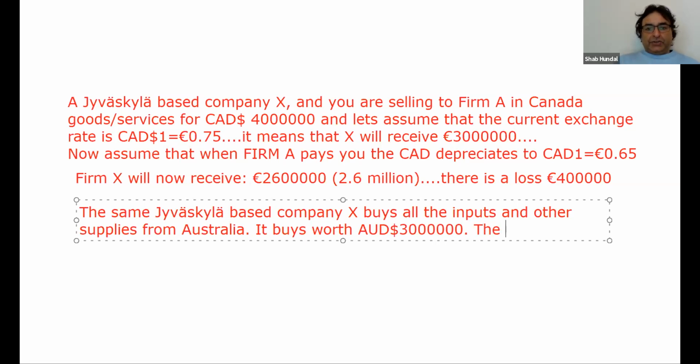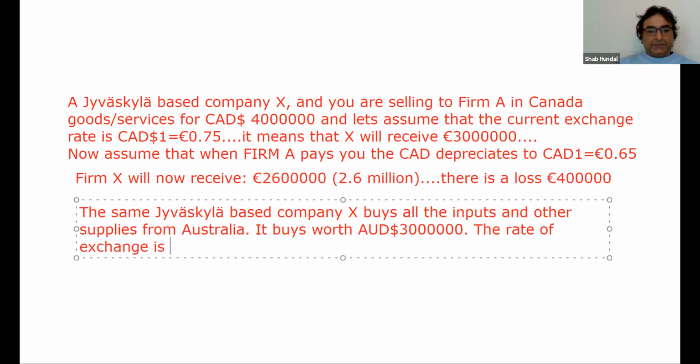The rate of exchange is Australian dollar 1 is equal to euro, let's say 80.